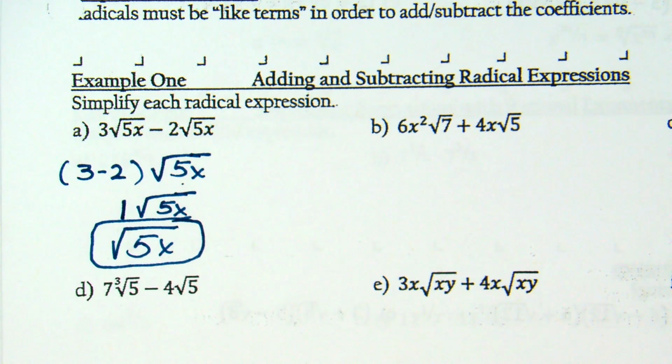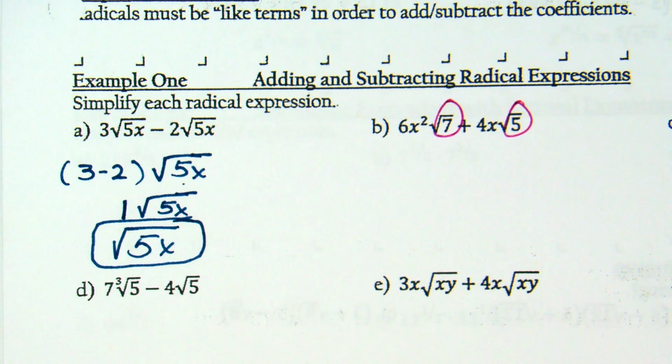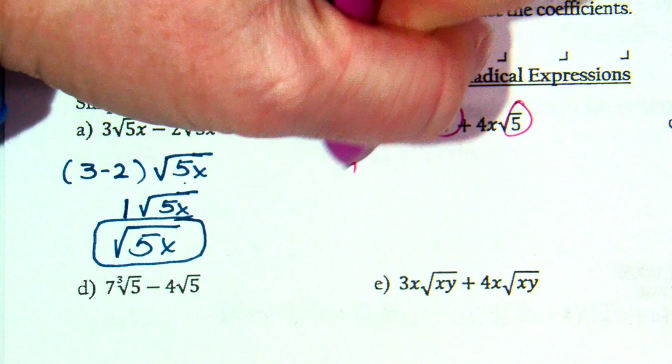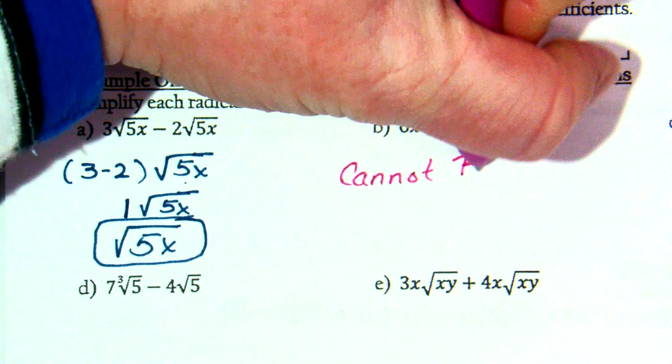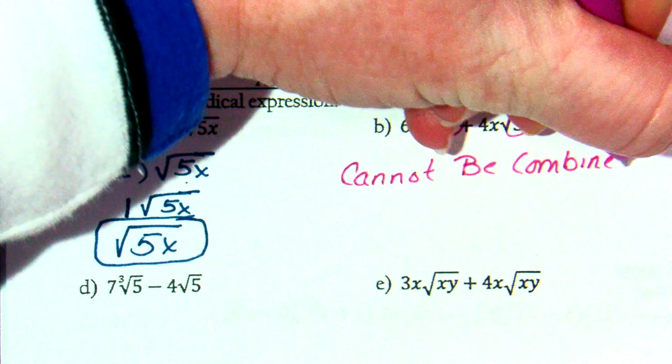Okay. In order to be able to add and subtract, folks, it's not just the fact that they both have to be square roots, they have to be square root of the same number. 5 and 7 are not the same number. So I'm going to write cannot be combined.